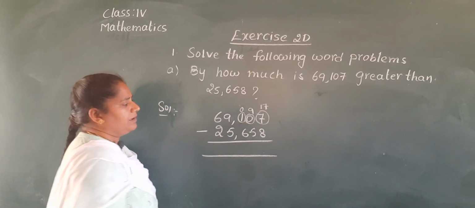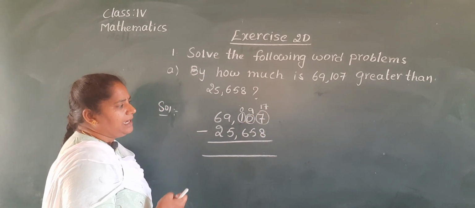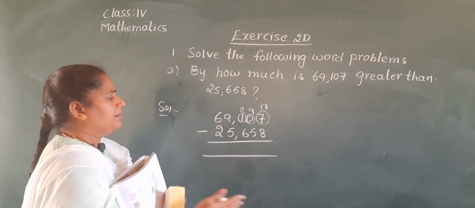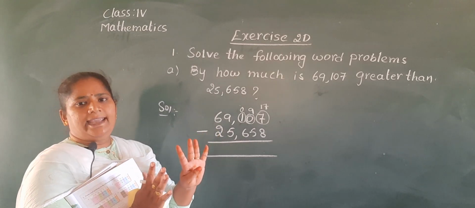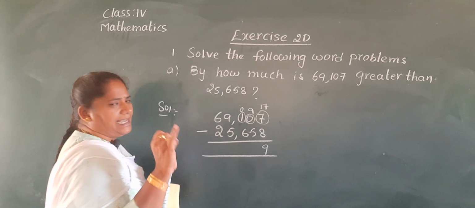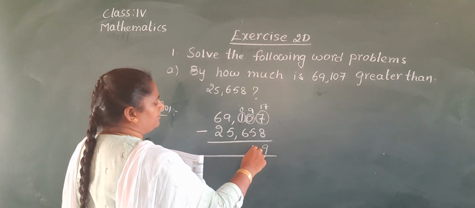Now 8 to 17: 8 after 9, 10, 11, 12, 13, 14, 15, 16, 17. Totally 9. 5 to 9: 5 after 6, 7, 8, 9, 4.